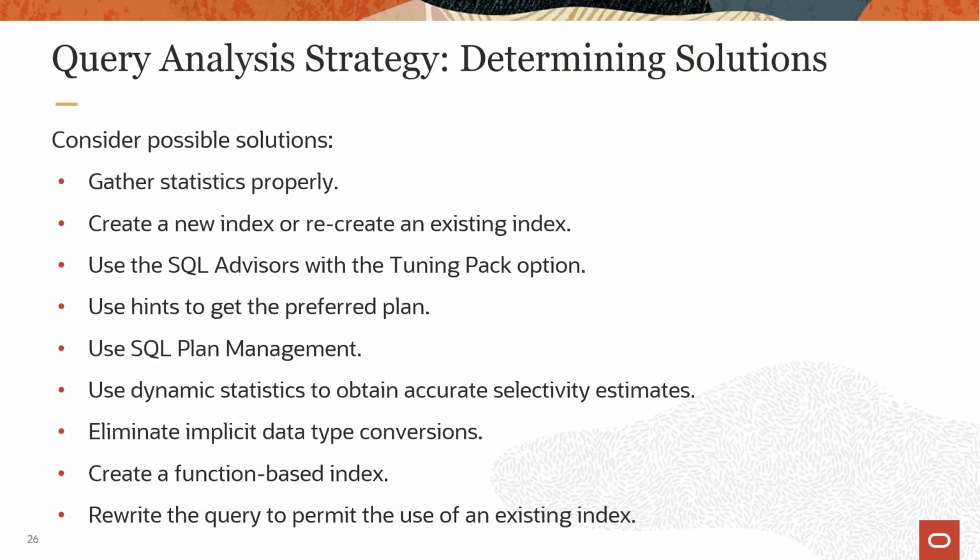You can also use hints to force the optimizer into a certain direction when coming up with an execution plan. You can use dynamic statistics. You can try to eliminate implicit data type conversion because this will make indexes unusable at that moment in time for that query. Also, maybe try to rewrite your query to permit the use of an existing index.